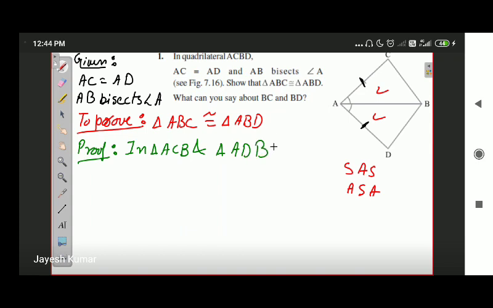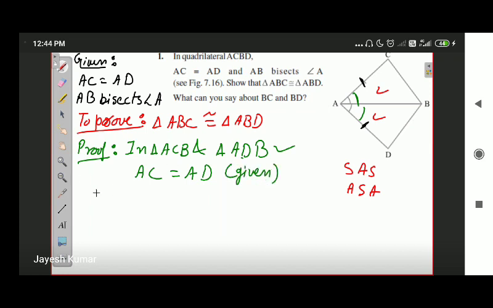We are going to focus on these. What is happening in these two triangles? We will now focus on what is given to us. AC and AD are equal. AC of the first triangle and AD of the second triangle are equal. That means one of the sides is equal. Good. After that, AB bisects angle A. That means this angle and this angle should both be equal, and both will be equal to half of angle A. So this was given to us.